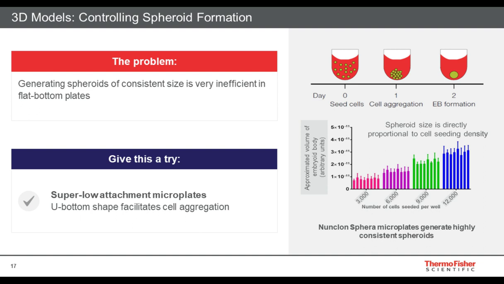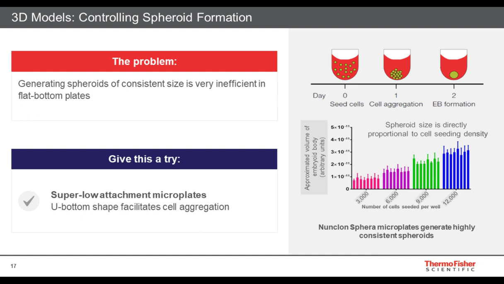Over the course of a couple of days, cells would either aggregate, or simply through cell proliferation would form spheroids, but they would form spheroids of many different sizes. And the size of the spheroid can impact how well it differentiates and the health of spheroid A versus spheroid B if they're of different sizes. These are things to keep in mind.